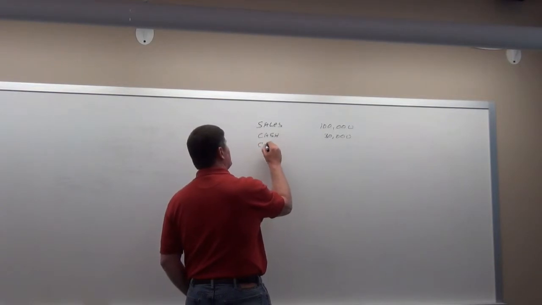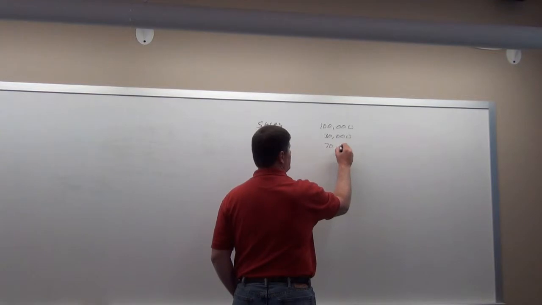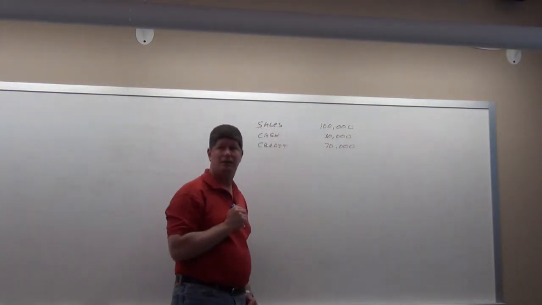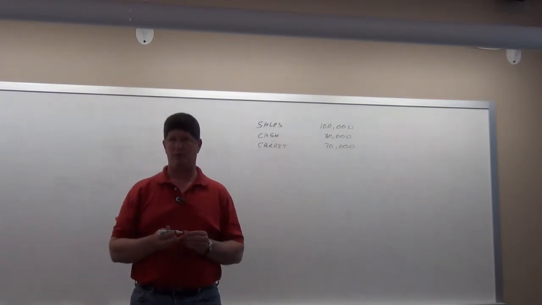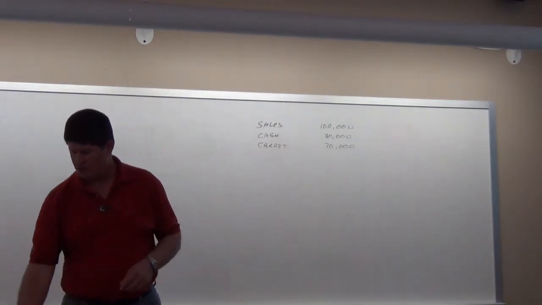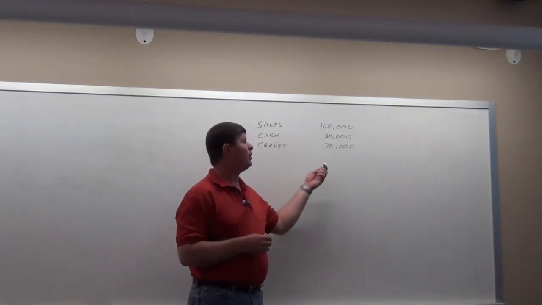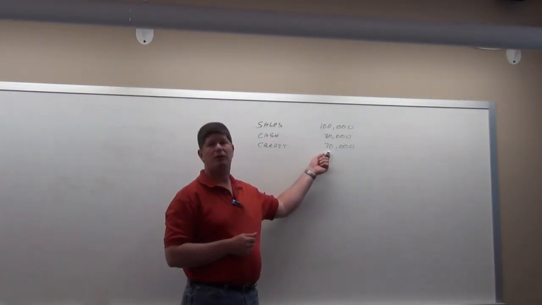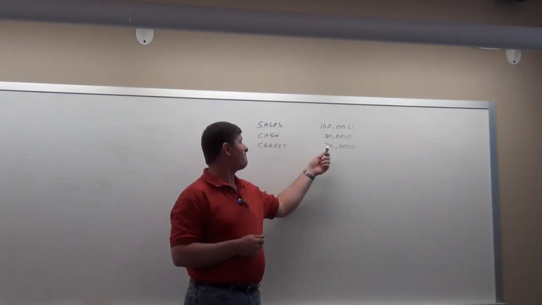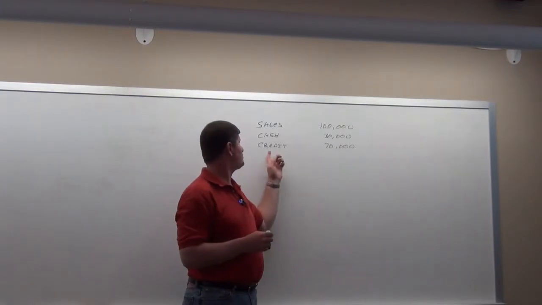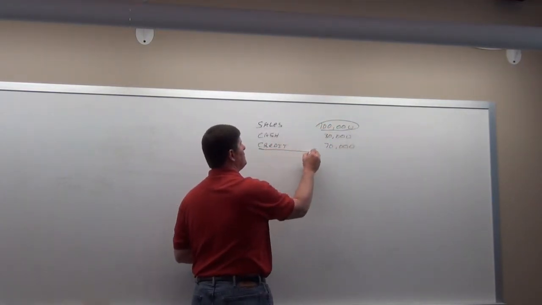And the credit customers, these are the trade receivables, or the guys that we allowed 30 days to pay. That's the other $70,000 of our sales. Everybody follow me? So if we're calculating our uncollectible accounts expense, our allowance for bad debt, based on net credit sales, you don't use the total up here. We're just going to use the credit amount.